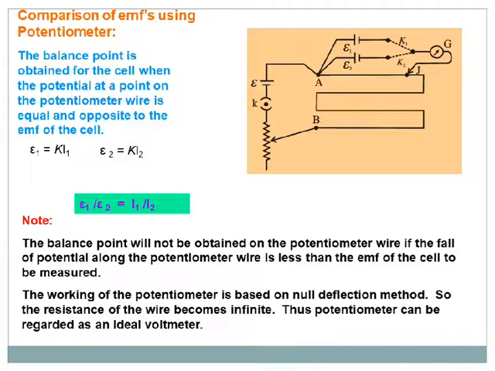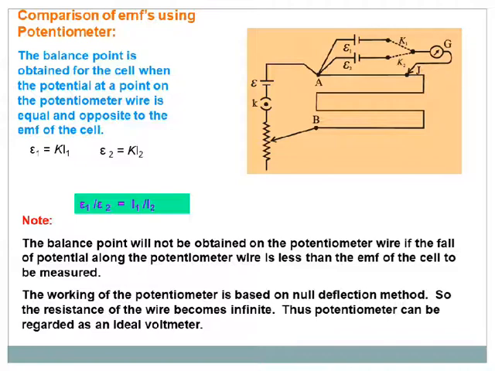Now, individually we are going to take the readings. First, we deal with the EMF of cell E1. To find the balancing length for the first cell, we keep K1, which is related to E1, closed, and key K2, which is related to E2, open.